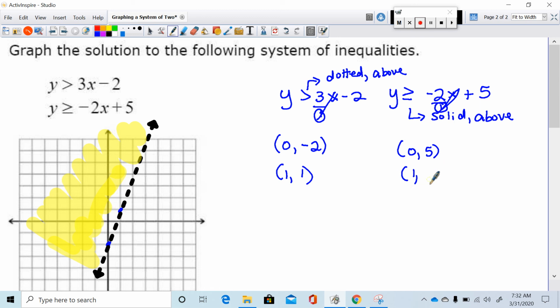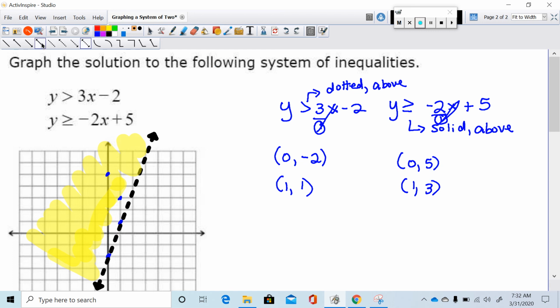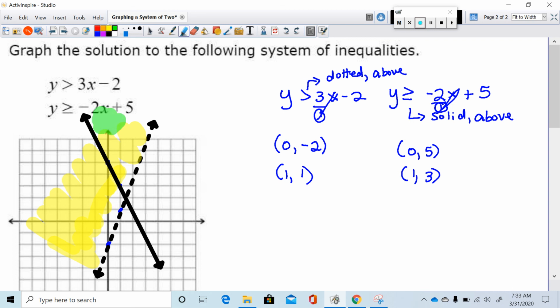Okay, -2 plus 5, that's like 5 take away 2, that's 3. Okay, 0, 5, 1, 2, 3, 4, 5, and 1, 3, 1, 2, 3, and I'm going to use a solid line. And I'm going to color above or on top of that line. And the region where they overlap is the answer.